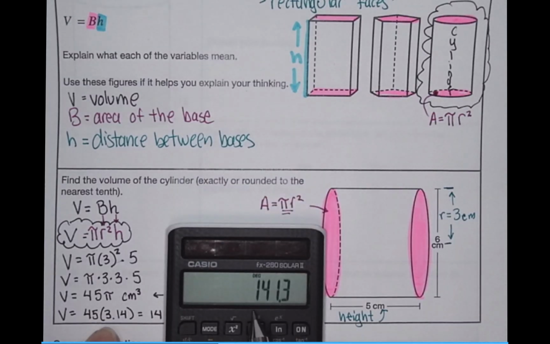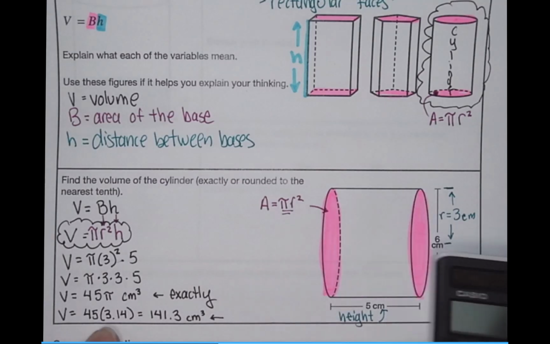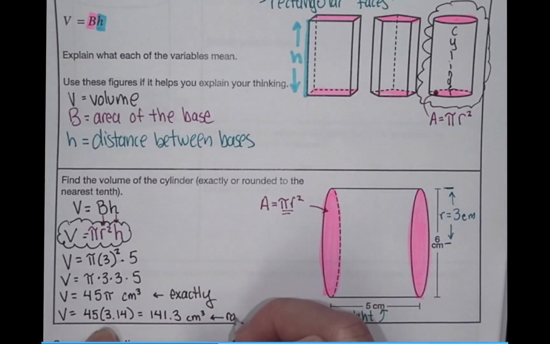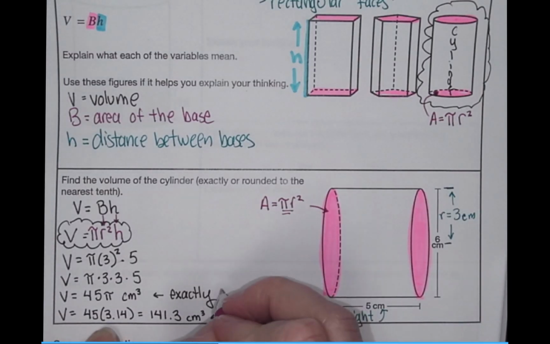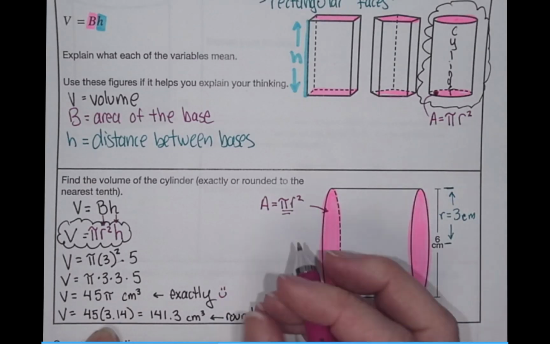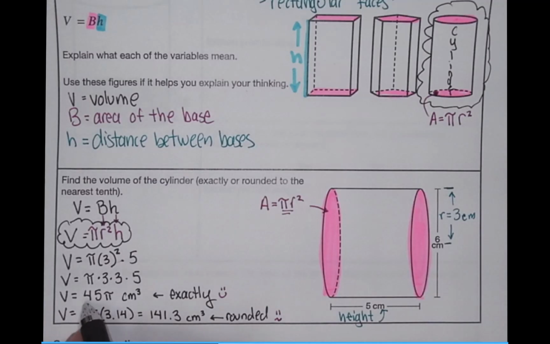Oh, it's already at the nearest tenth, 141.3 centimeters cubed. But that's an approximation. That's rounded. Most mathematicians are happy when information is precise, and they're sad when information is rounded, but sometimes it has to happen. So don't be surprised if through the unit you see things left as 45 pi instead of rounded to 141.3.